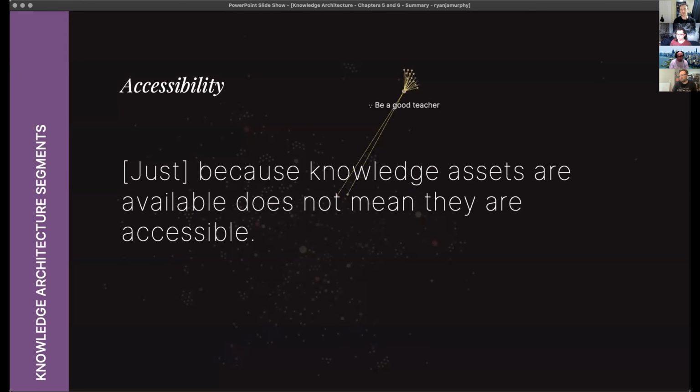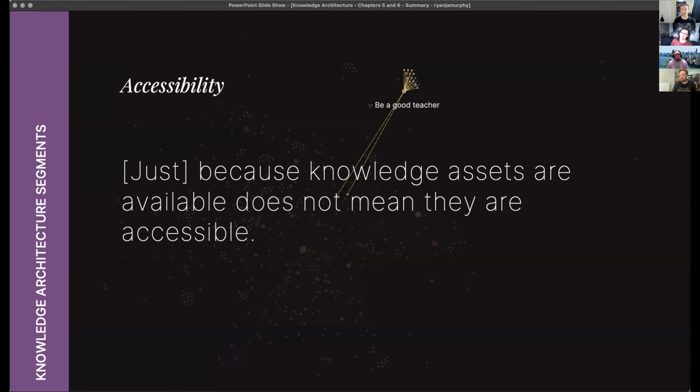So you might have that knowledge graph, but if you're working in one section of a knowledge graph, you might not actually be accessing parts of the knowledge graph that are far, far away. So in the abstract here, I've got a snippet from my own Obsidian graph, which is just a responsibility to be a good teacher. And there's a bunch of ideas and topics that are connected to that.